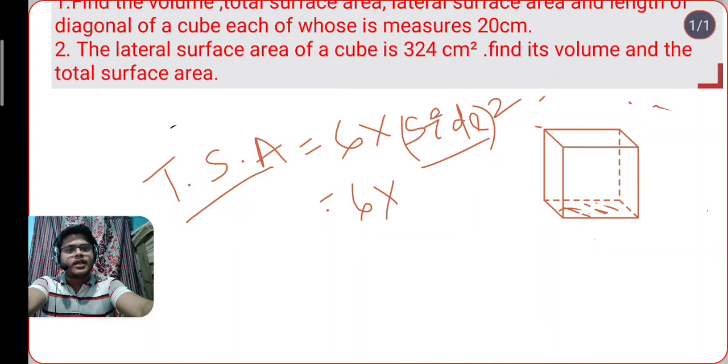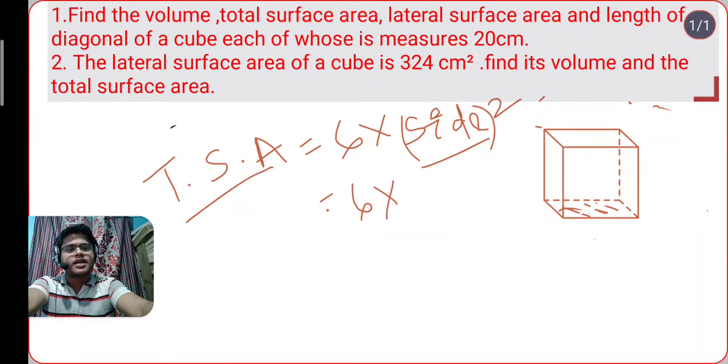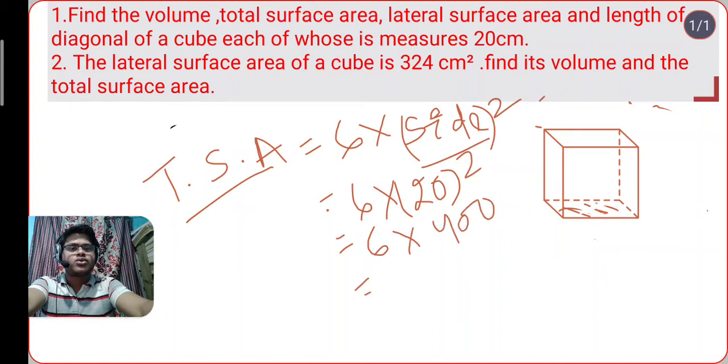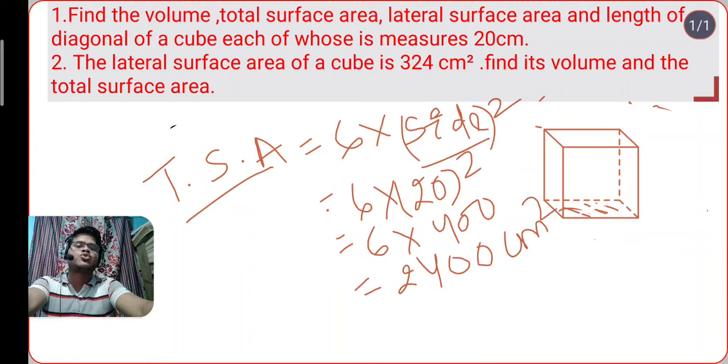That is 20. Side is given 20 centimeter. So that is 20 centimeter square of 20. So what is the result we are getting? 6 into 400. So after multiplication we are getting 2400 centimeter square, that is the total surface area.